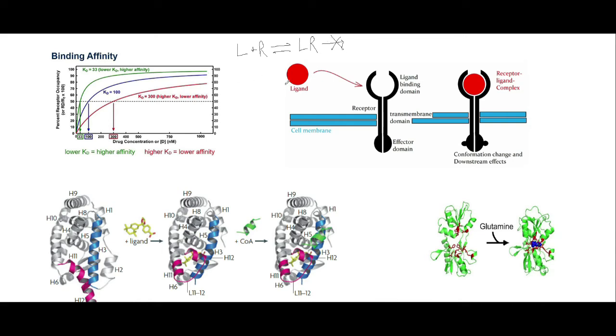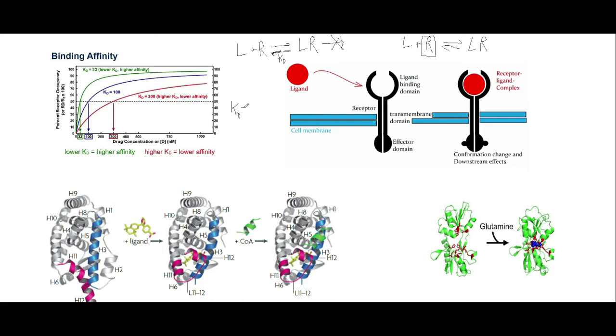So that's when half of our receptor is free, it does not have a ligand bound to it, and the other half is ligand bound to receptor. And the Kd is actually calculating the off rate, so it's calculating this back reaction here.